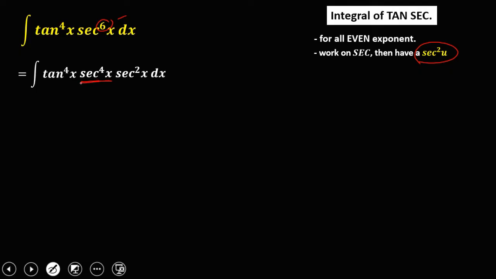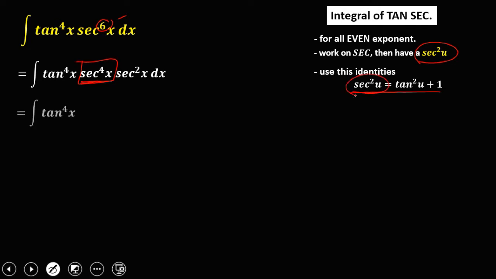Then continue working on secant, since there is an identity that secant squared u is equal to tangent squared u plus 1. But first, we need to rewrite this secant to the power 4 as secant squared. So this one is equal to secant squared x to the power 2. Then bring down the secant squared x dx.